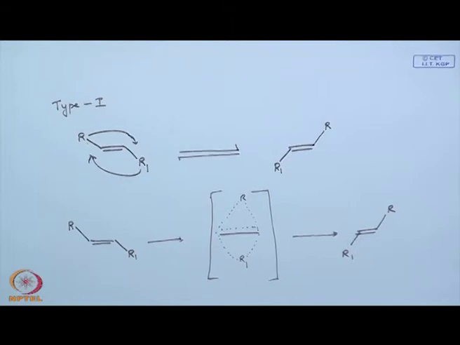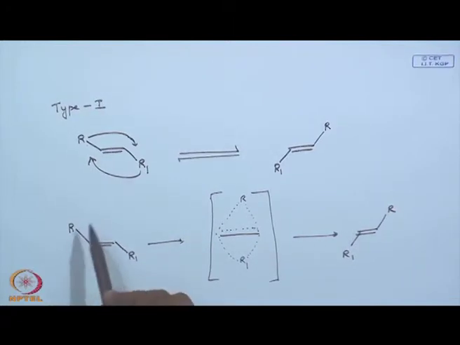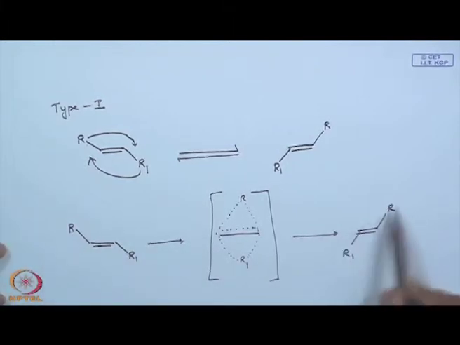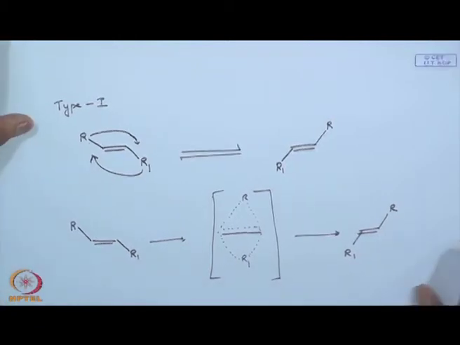So this is your type 1 mechanism, a type 1 dyotropic rearrangement. It is concerted, and you can see the two groups just interchange their relative position. Clear?